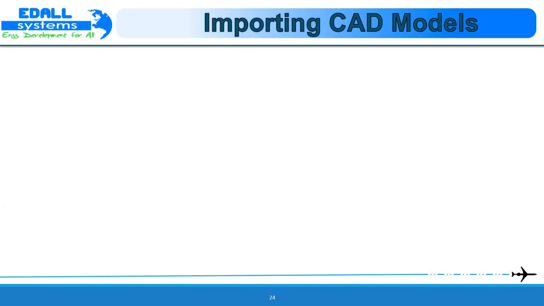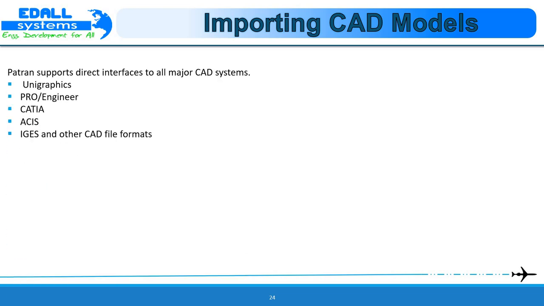Importing CAD models. In many cases, it is much more efficient to use an existing CAD geometric model created outside of Patran rather than constructing a new model. Importing a CAD model may avoid repetitive modeling efforts and ensure better accuracy between the CAD design model and its analysis model.